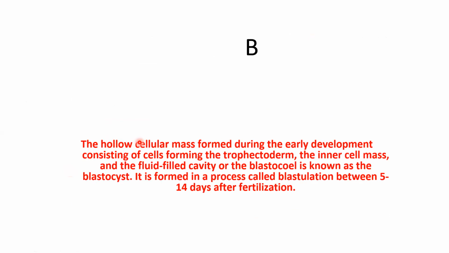So it is nothing but a blastocyst. It is formed due to the process called blastulation. So option C is the right answer, and it is correctly answered by Jyoti, Netravati, and Anvita.